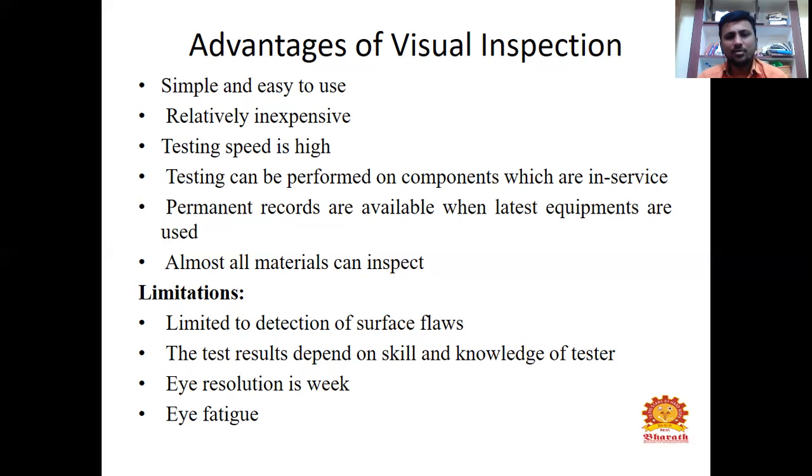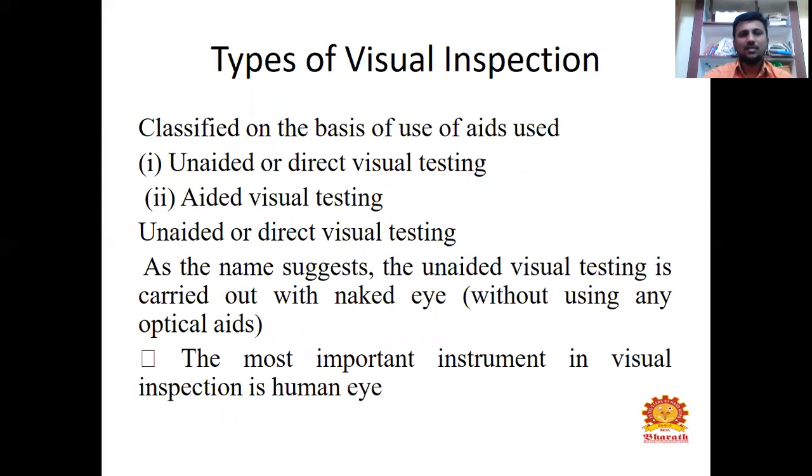It is also limited to detection of surface flaws. We cannot look for minor cracks, so we can find only some defects. These are the disadvantages of the visual inspection method.